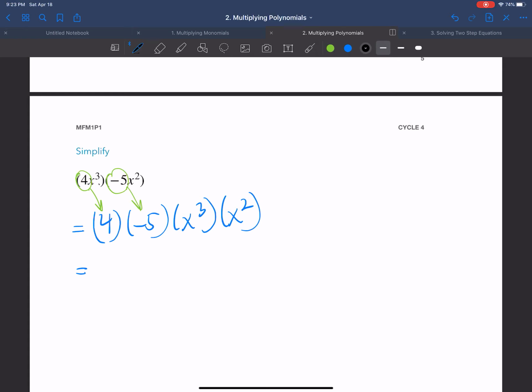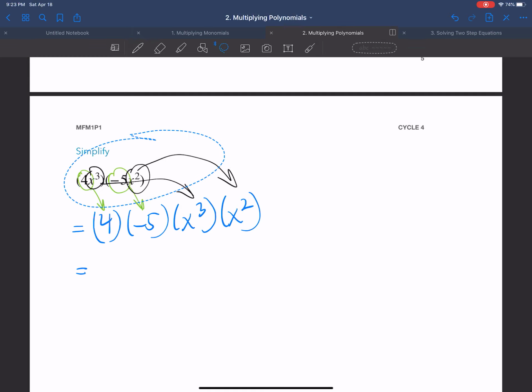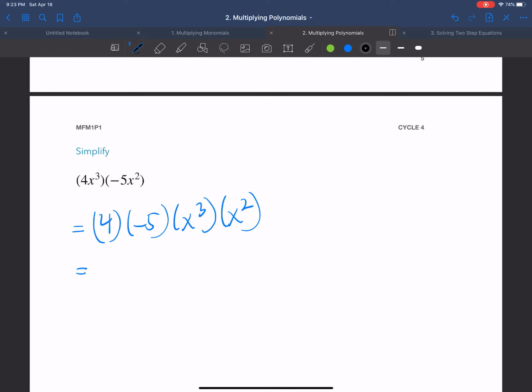I put the x cubed there, and the x squared over there. I'm just separating it out. I'm writing in a different order, but when I'm multiplying, it doesn't matter what the order is. So if now we multiply the number and the number, make -20. The letters, or the variables, 3 plus 2 makes 5. We add the exponents when we're multiplying powers, and that will be the answer.